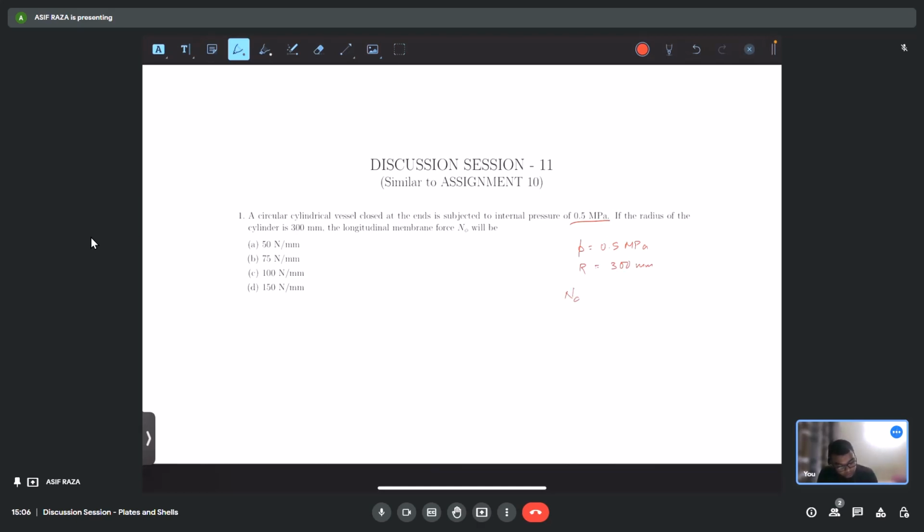We know N phi is given by the relation in the context of a cylindrical vessel as PR by 2, which is equal to 0.5 into 300 by 2, and this gives me 75 Newton per mm. So the correct answer would be option B.